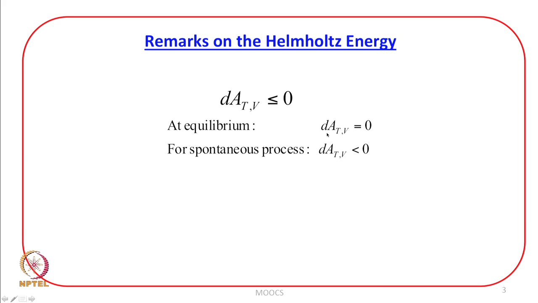At equilibrium, dA at constant temperature and volume should be equal to 0, whereas for spontaneous process we use less than sign. If the process is to be spontaneous, the value of dA at constant temperature and volume should be negative.